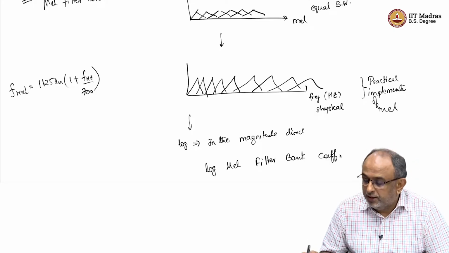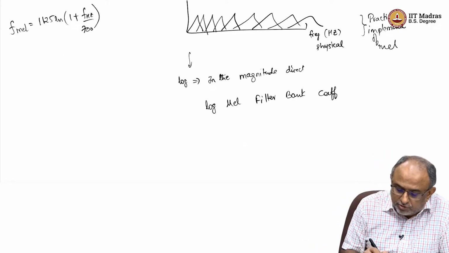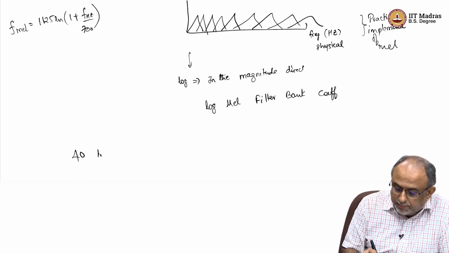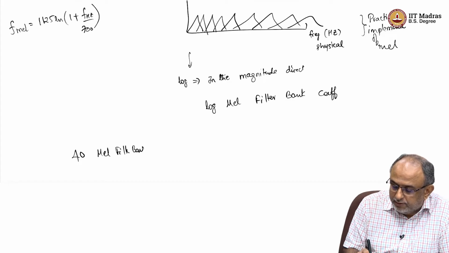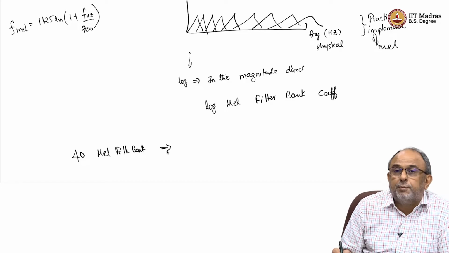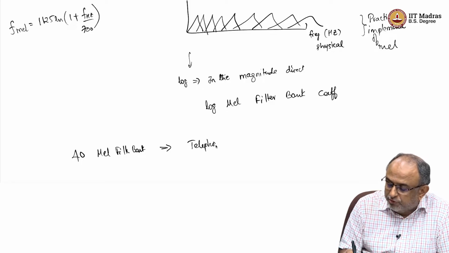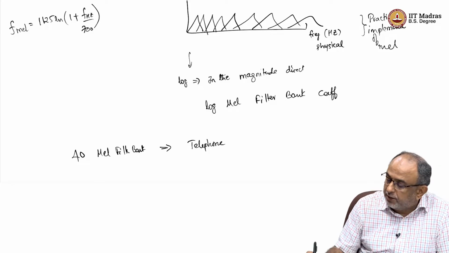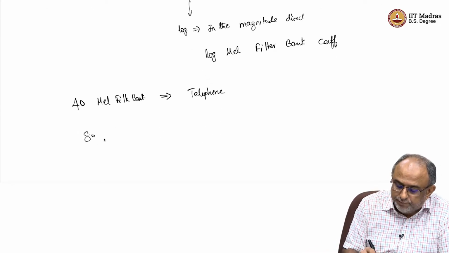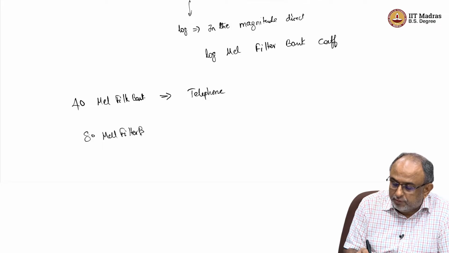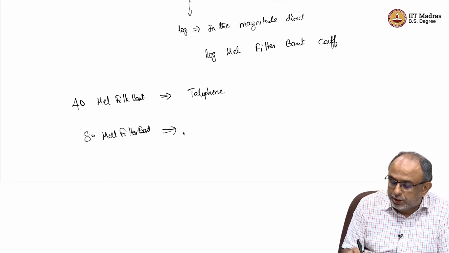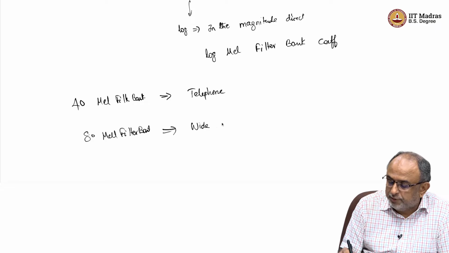And typically in speech, we use about 40 Mel Filter Banks when we are talking about telephone speech, which has a bandwidth of only 4 kilohertz, and about 80 Mel Filter Banks when you are talking about wideband speech. Okay.